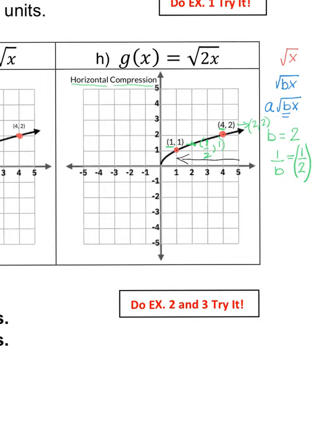I'll do the new graph in, let's say, blue. 1/2, 1. So it moves over here. And this point here, 4 comma 2, becomes 2, 2. And so it's almost like if you can imagine this, we took this end of this arrow and we pushed it that way, kind of compressed. So we get the blue curve.